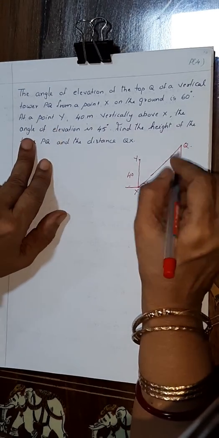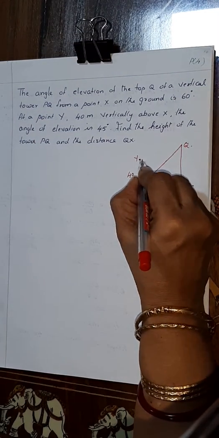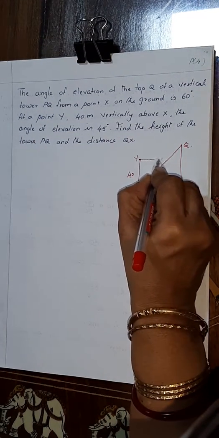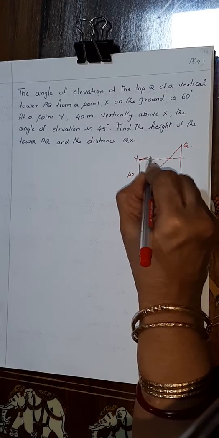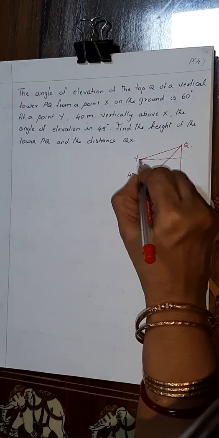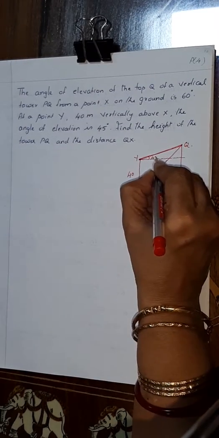The angle of elevation is 45 degrees. So, we will draw one line parallel to the base, so this angle is 45 degrees.